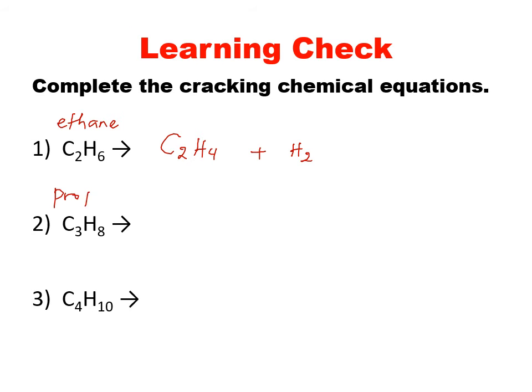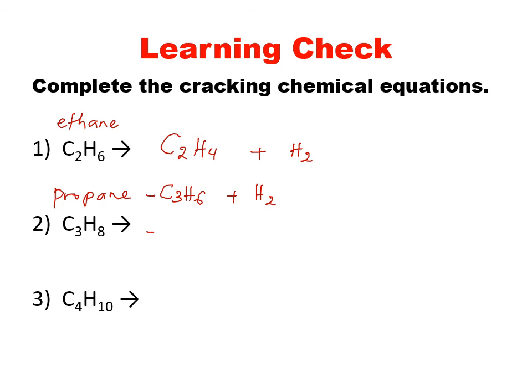Now we're going to look at the second example. We have propane, C3H8. You can do it like the first example. For example, you want to get propene. So propene is C3H6 plus H2, because when you do the subtraction, you will get another H2. And you will get an alternative to this cracking.